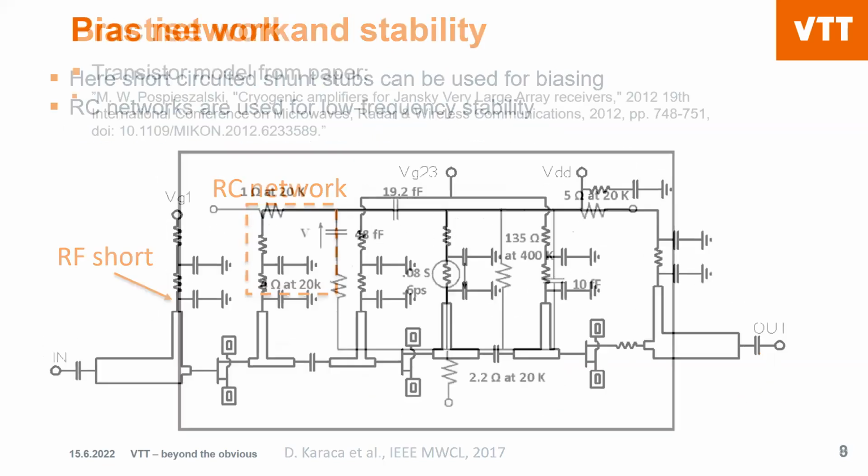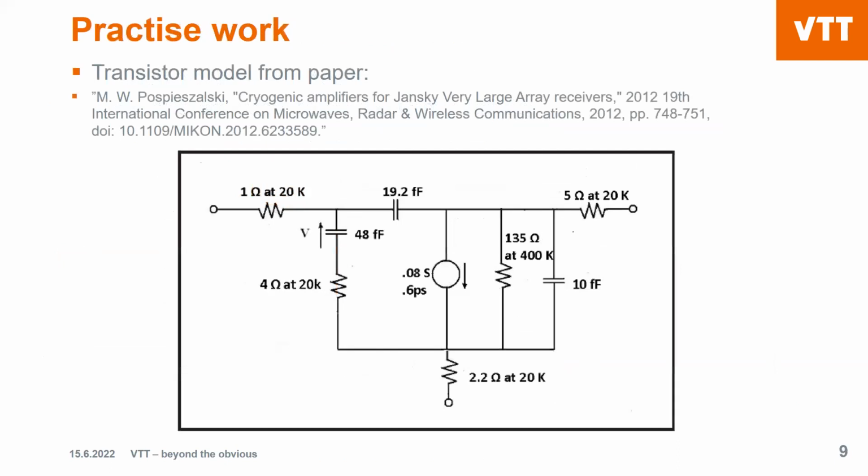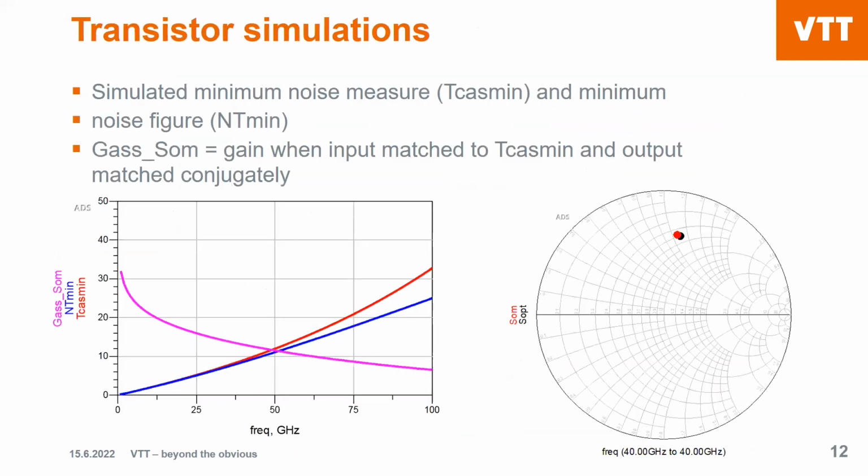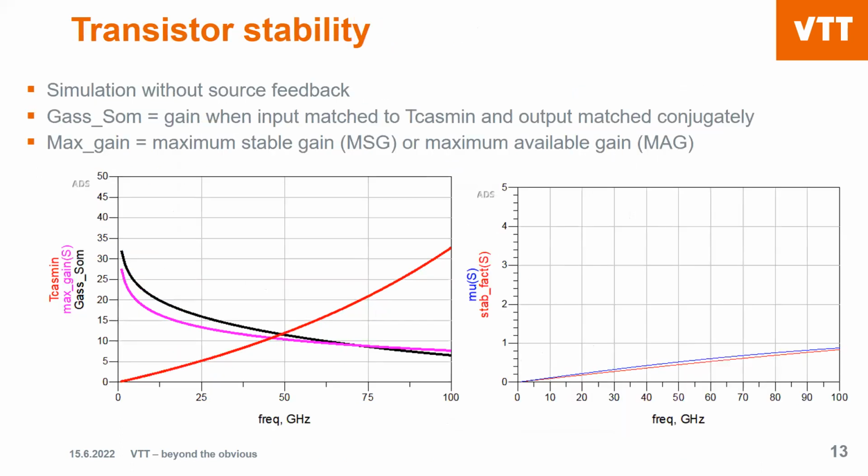Okay, before we go to the design task, there's another thing with the stability. The previous slide was also simulated without the source feedback, and I mentioned that that can affect the stability of the transistor.